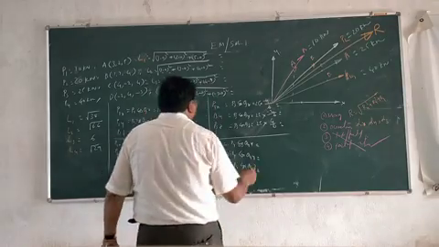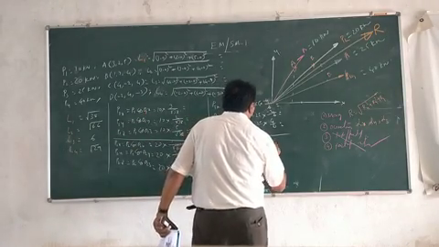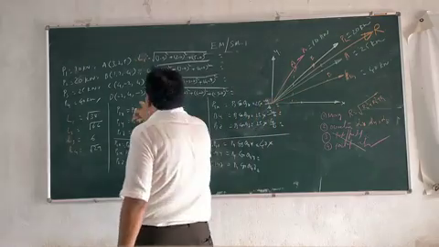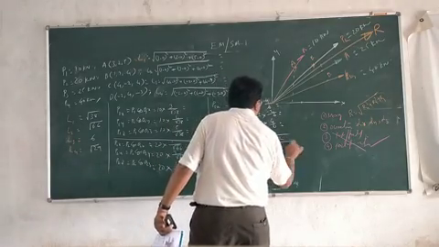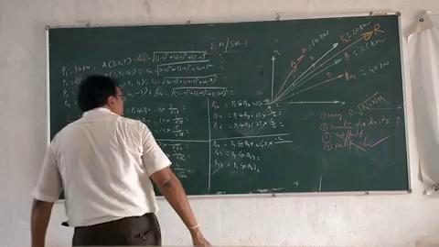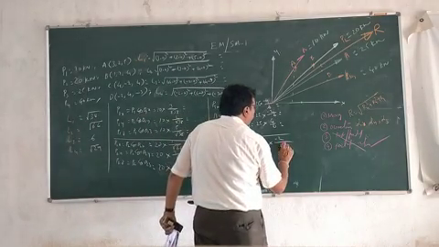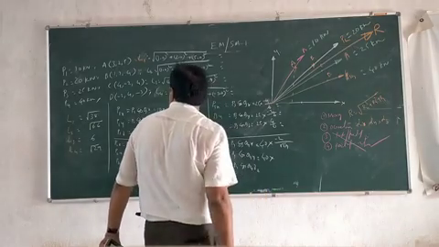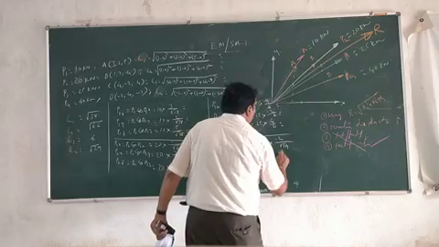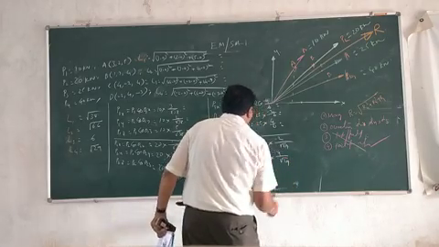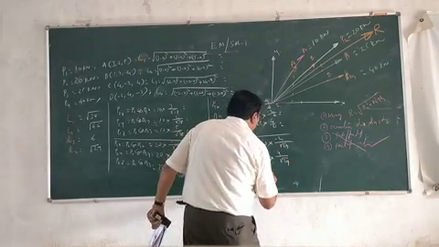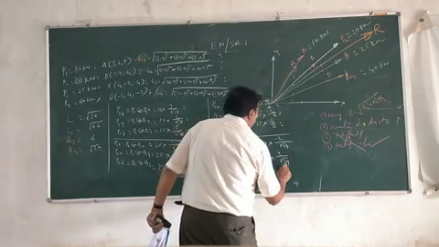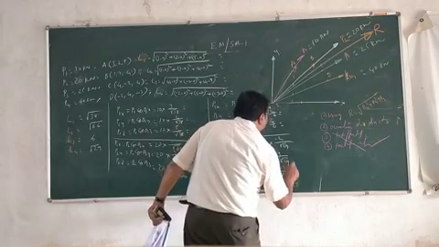P4 is 40, and the length is root 29. So 40 into minus 2 by root 29, 40 into 4 by root 29, and 40 into minus 3 by root 29.